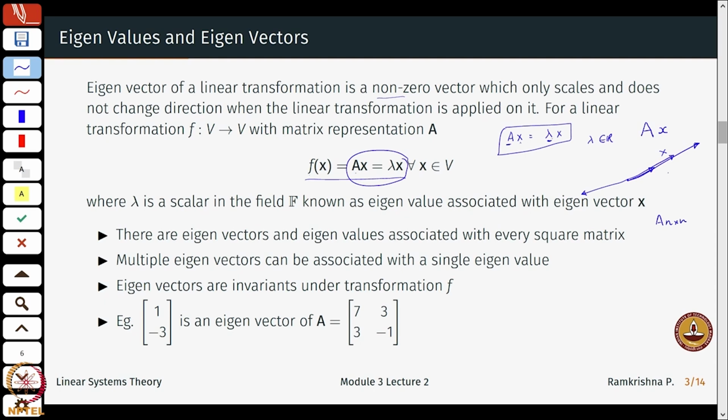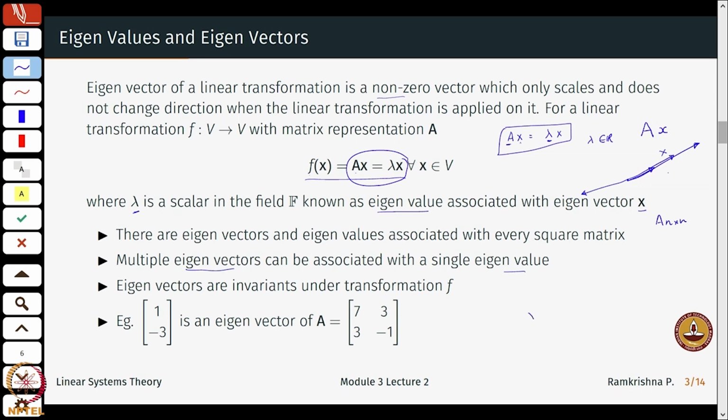For a given relation like this, we call this lambda the eigenvalue associated with the eigenvector x. There could be multiple eigenvectors associated with a single eigenvalue. And these eigenvectors are invariant under transformation F.